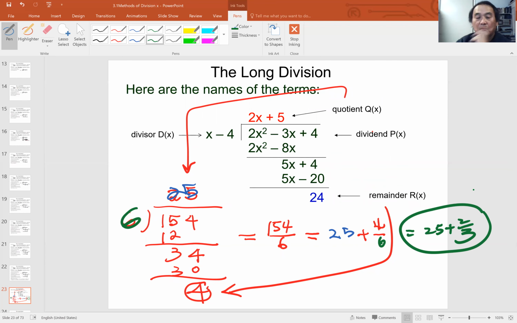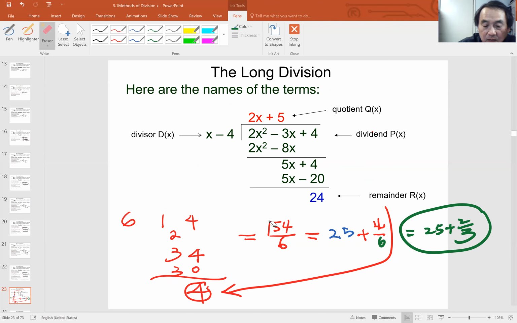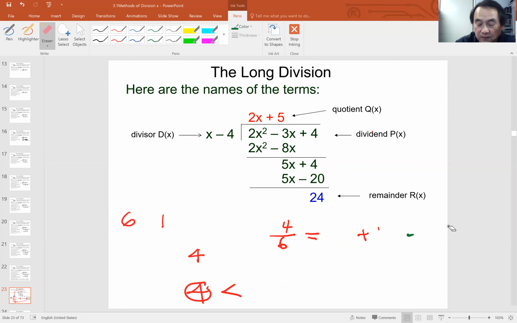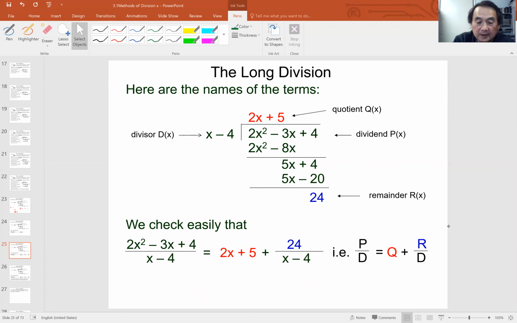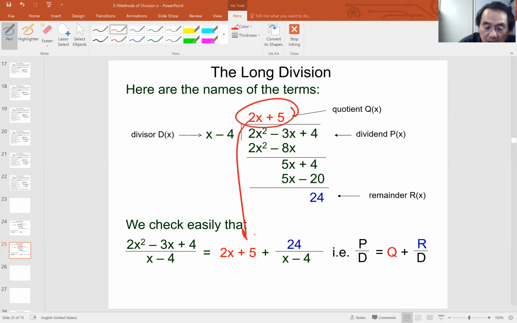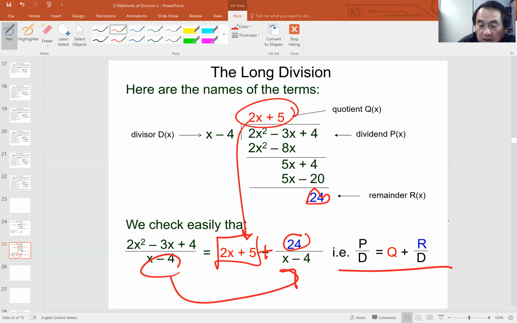And we can do exactly the same thing for the polynomial. We can put it into the mixed fraction form, just like what we did. The quotient goes there as a formula, plus whatever the remainder is over the original denominator.